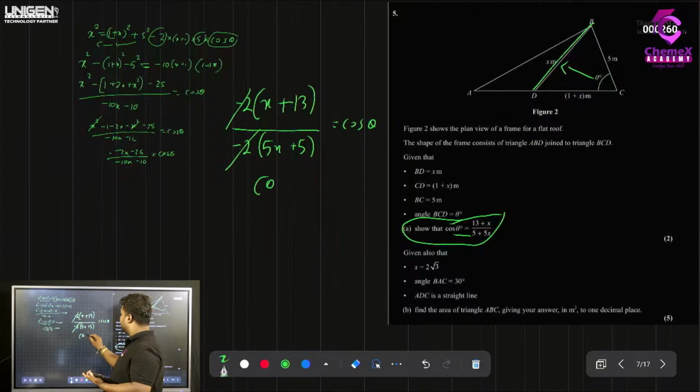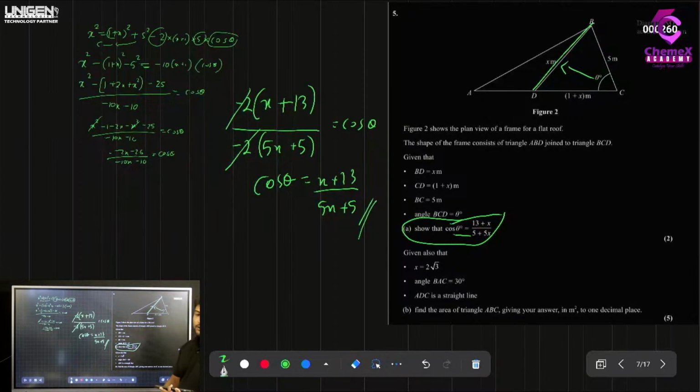What is cos theta? x plus 13 over 5x plus 5. Okay, any doubts with that? That's showing that. I just used the cosine rule to show that. Hope you understood. Yes, sir.